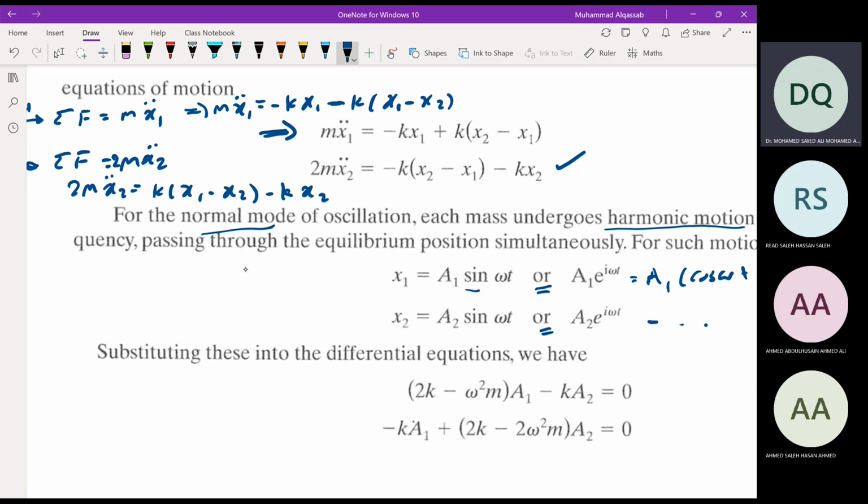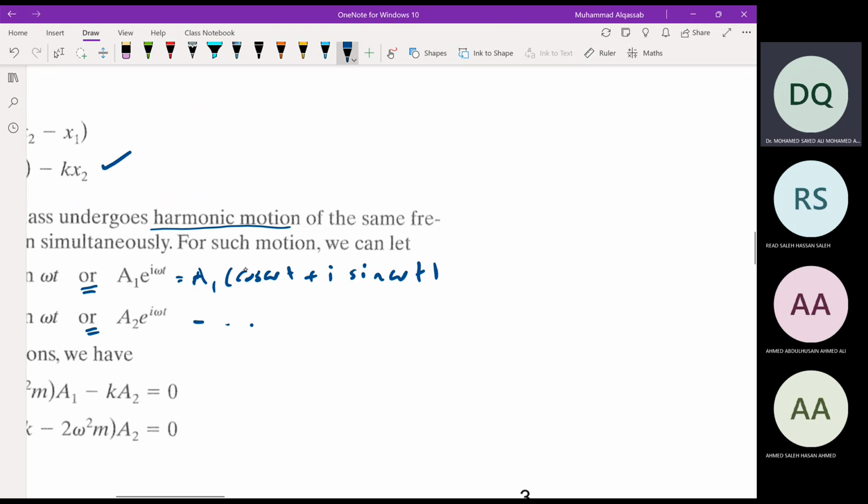Okay, with this assumption of x1 and x2, we'll substitute in the above differential equations. We need the second derivative, x double dot.